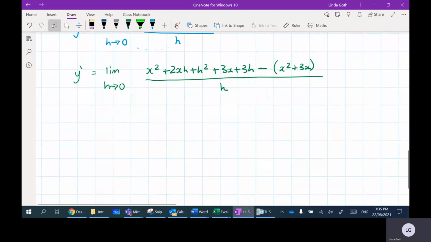Alright, that can definitely be tidied up. Do I have to write the limit as h approaches 0 every time? Yes, I do. Until I actually take that limit, I write that every single time.